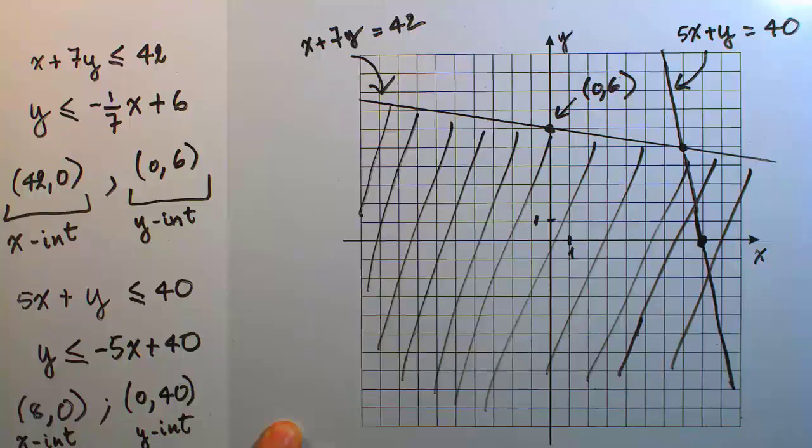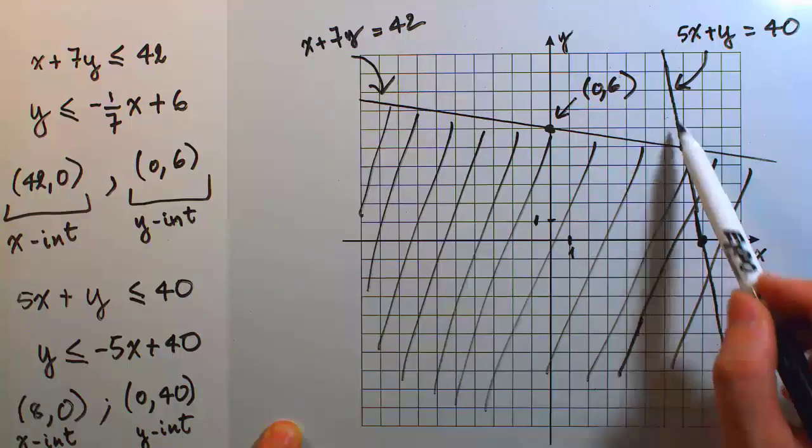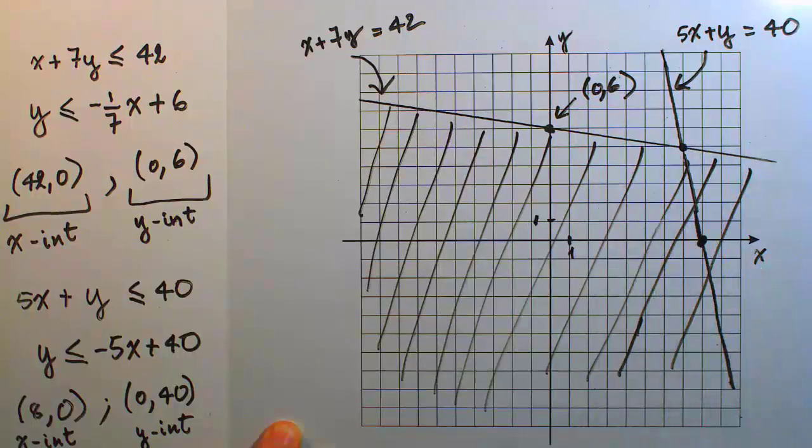So now for this new line, the second line we just put up, the inequality says we need 5x plus y is less than or equal to 40, and then in the easier form to recognize, y must be less than or equal to minus 5x plus 40.